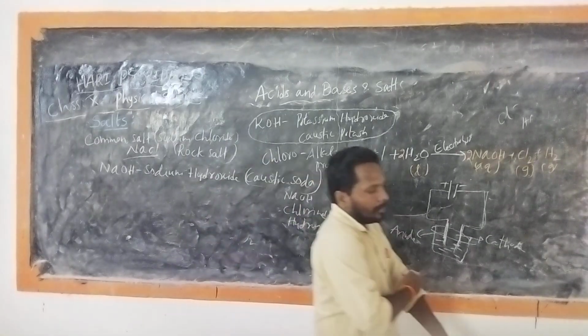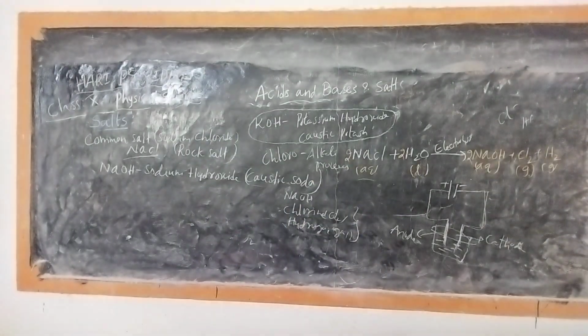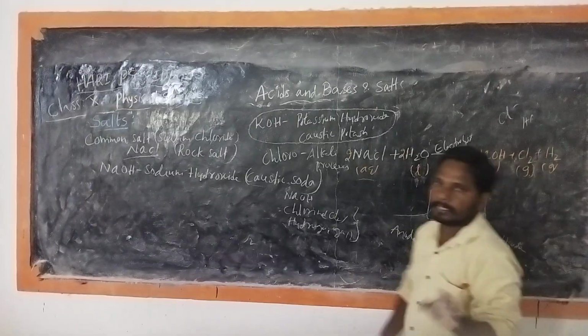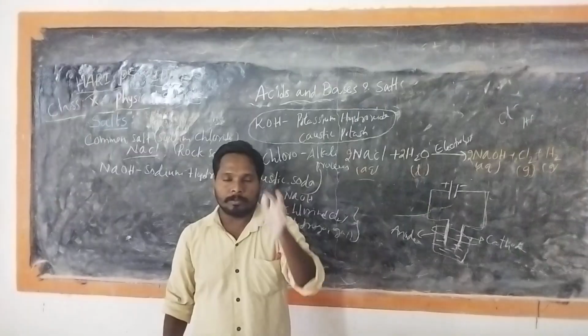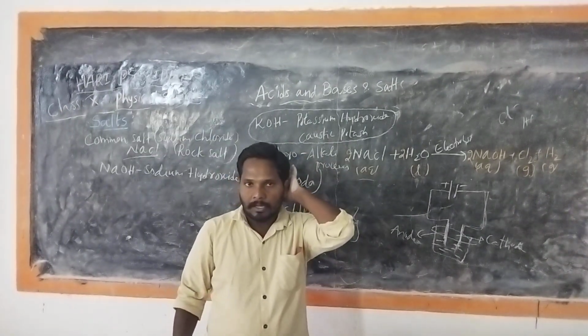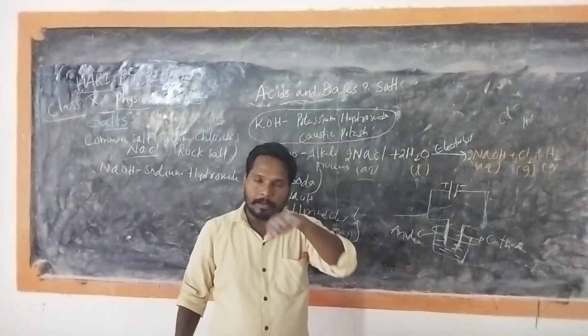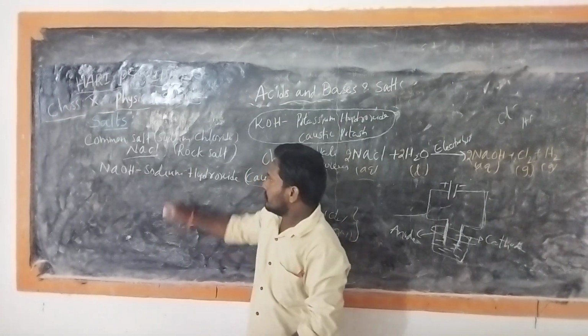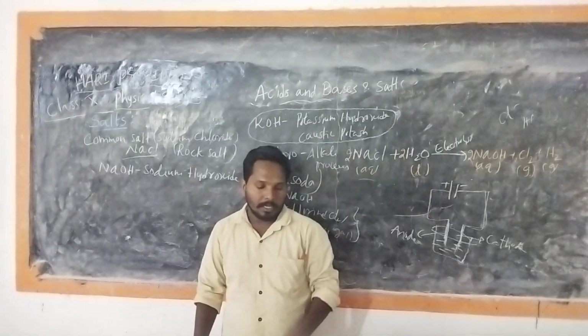So in soaps and detergents, getting aluminium from its ore, dyes, and synthetic fibres, sodium hydroxide is used.